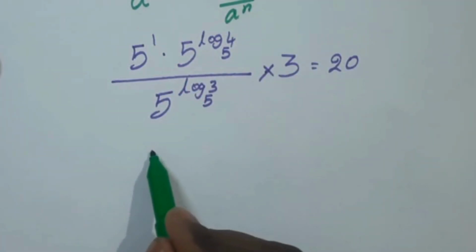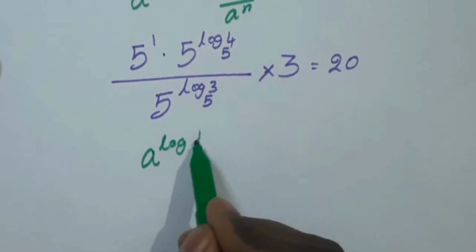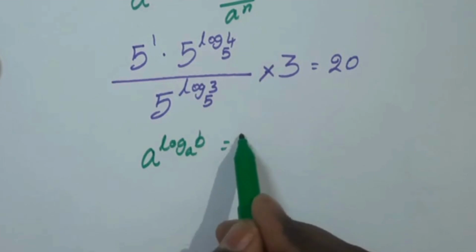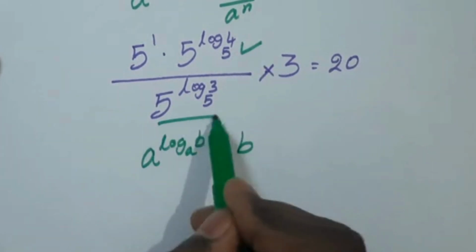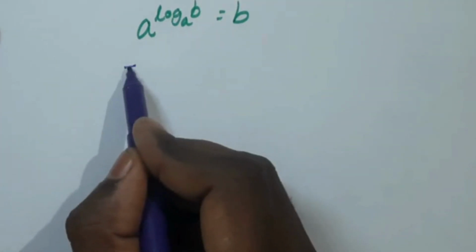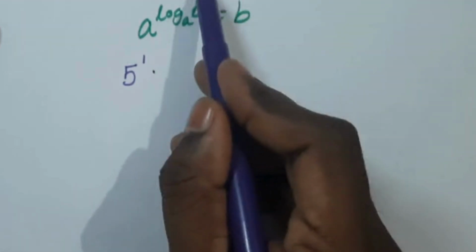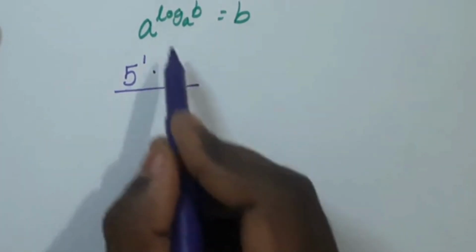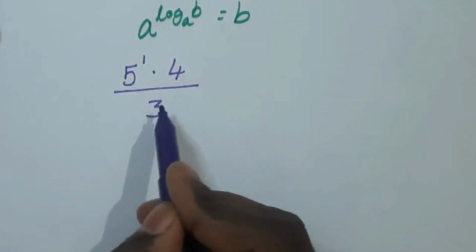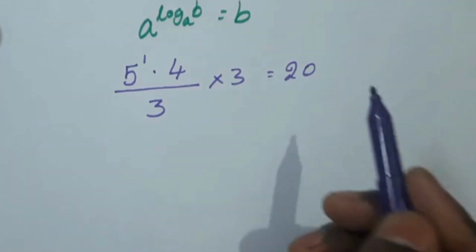Now we know the formula that a power log b base a equal to b. So we are going to implement this here and here. So we have that here it is 4 by here it is 3 into 3 equal to 20.